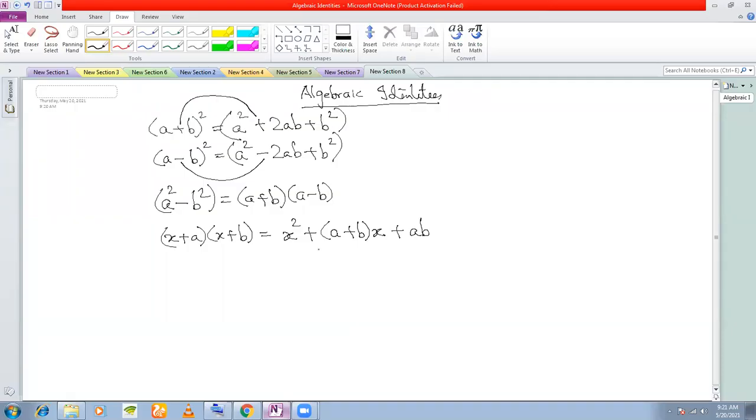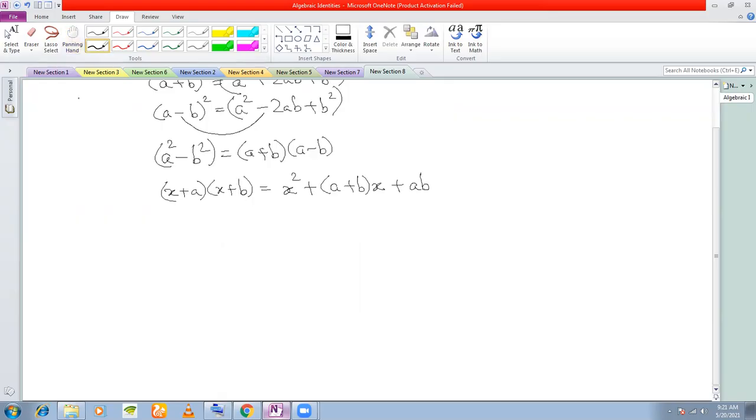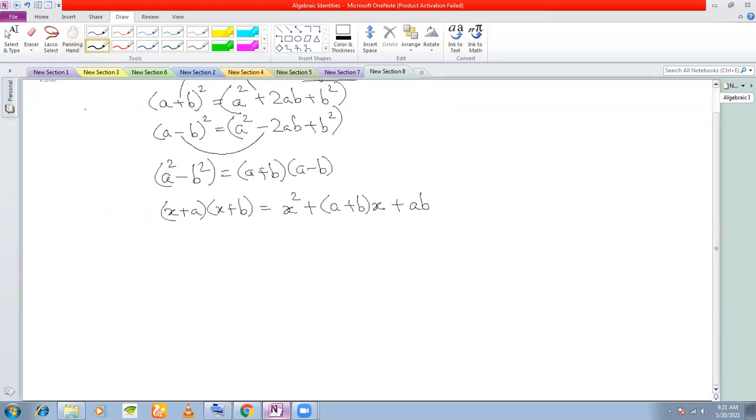Look at the first one. I'll give you a very simple application of how to use them. First application: let's write the identity first, then I'll show you the application. Identity: a plus b whole square is equal to a square plus 2ab plus b square.